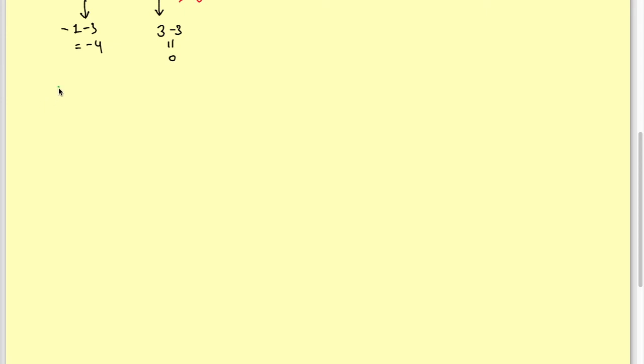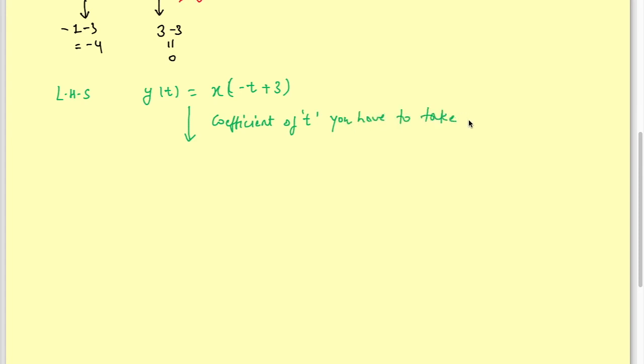So in this approach, our y of t is x of minus t plus 3. What you have to do is take out the coefficient of t. This is the rule.